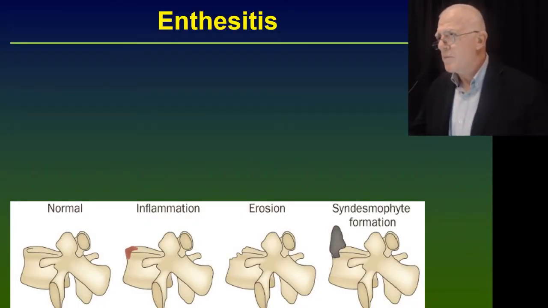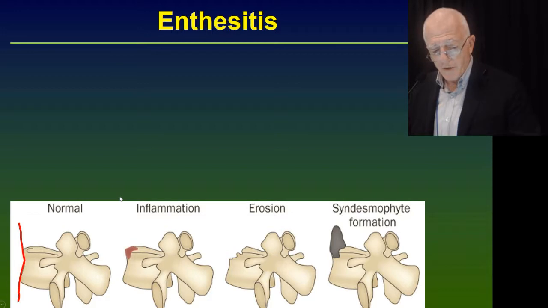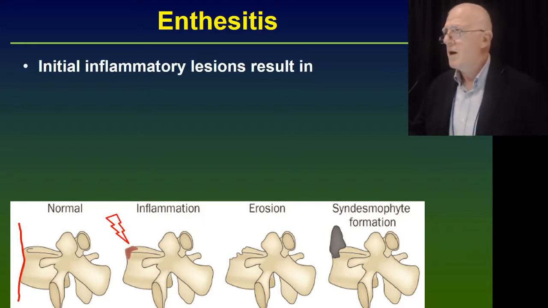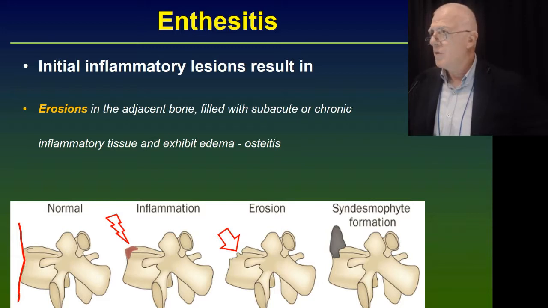So let's see an example. For instance, the anterior longitudinal ligament enthesis here in the anterior part of the vertebral body. The initial inflammatory lesion here results in the erosion of the bone. We see the erosion, and there is a subacute or chronic inflammatory reaction here, which is called osteitis.